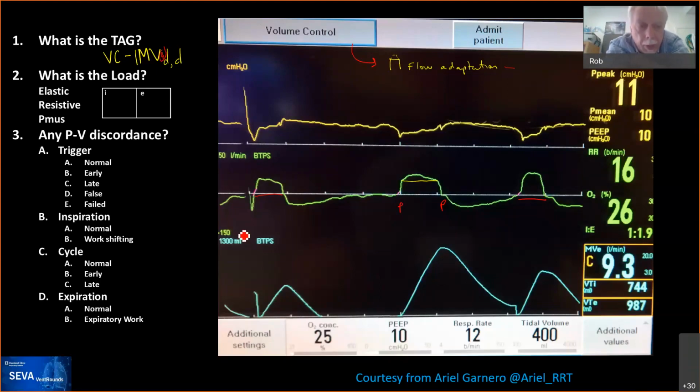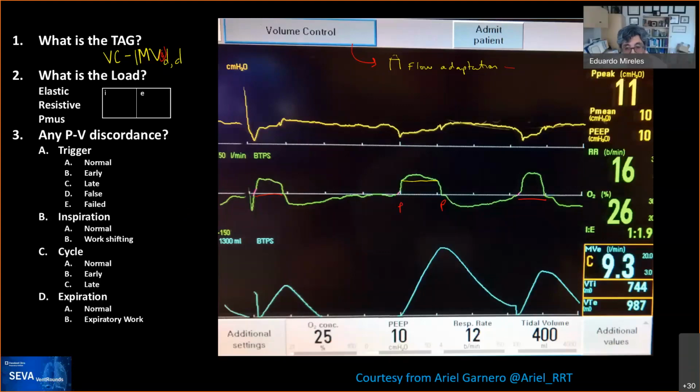And in fact, if you read the manual, it says that the volume control breath turns into a pressure support breath. That means you put a spontaneous breath between 2 mandatory breaths, which means by definition you have IMV, it's not CMV anymore. They don't tell you that in the manual, but that's what's happening. Yeah.